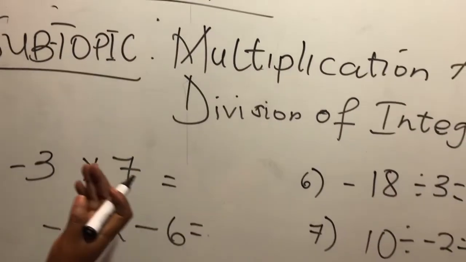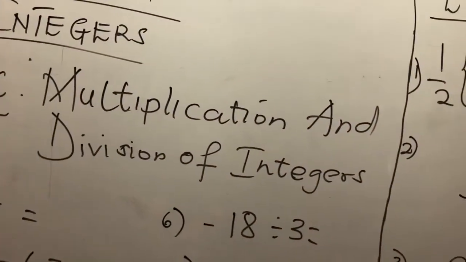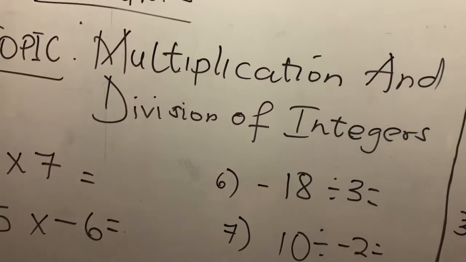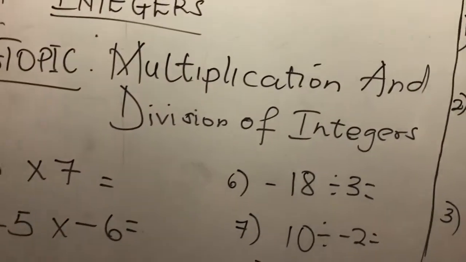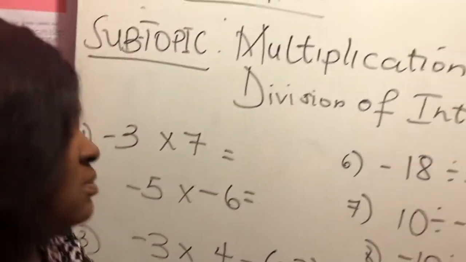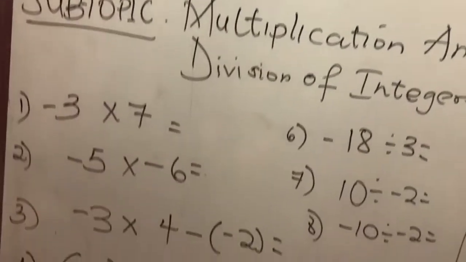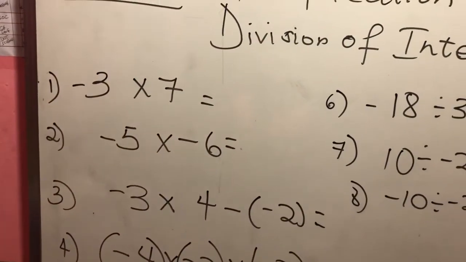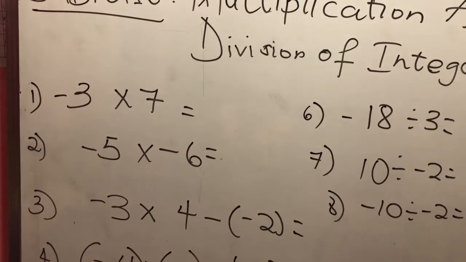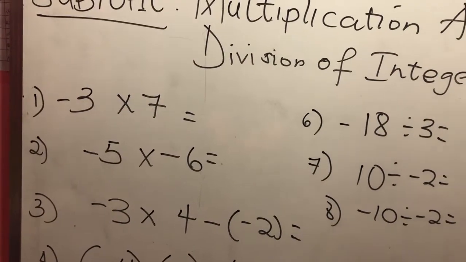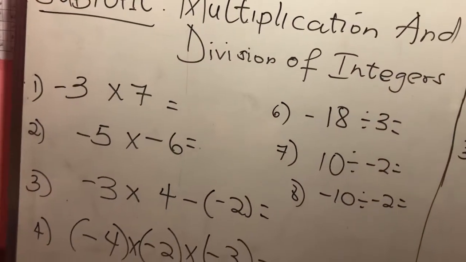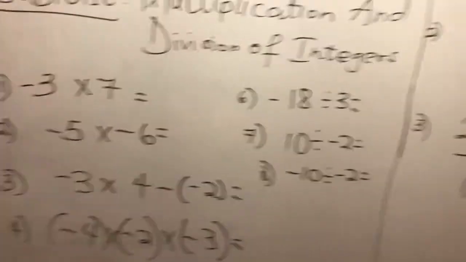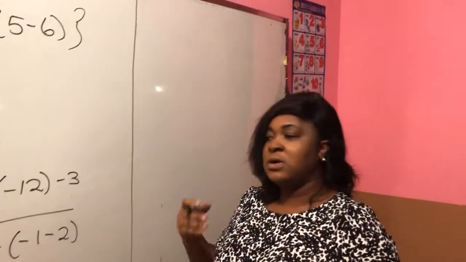We have -3 times positive 7. Now the rule says that anytime you have a positive number and a negative number multiplying each other, your answer will always be what? A negative answer. Okay, so anytime negative is multiplying positive, your answer will always be what?